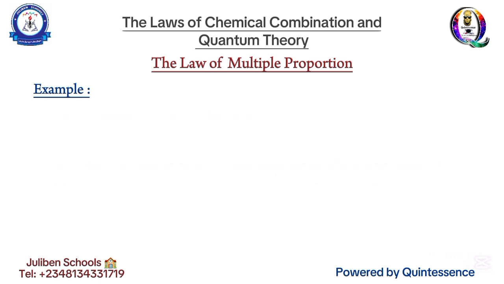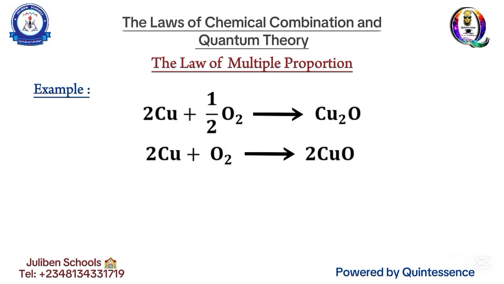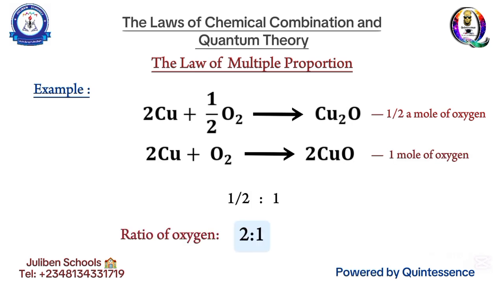The first copper combines with oxygen to give copper 1 oxide, then the second one combines with oxygen to give copper 2 oxide. The first oxygen is half a mole, the second oxygen is 1 mole. By the time you do your ratio combination, you discover that it is in the ratio 2:1. And that is the law of multiple proportion by John Dalton.